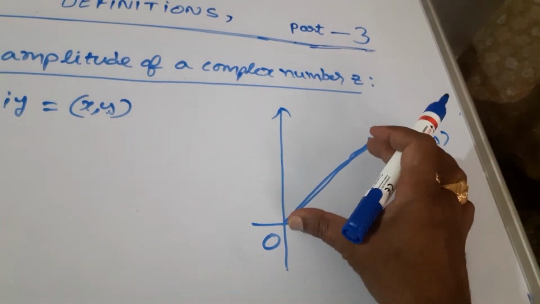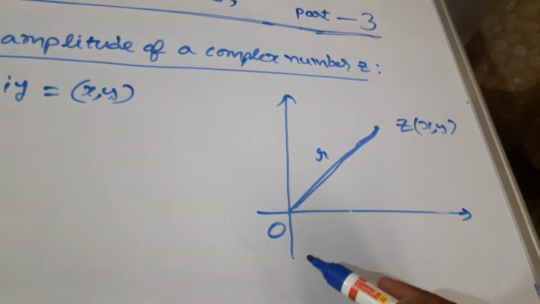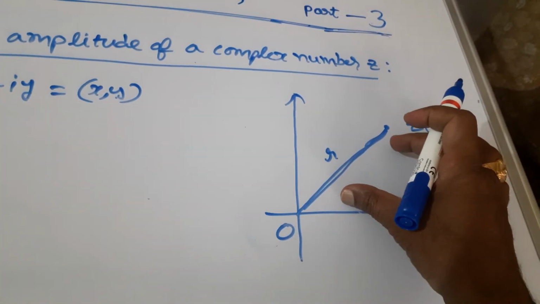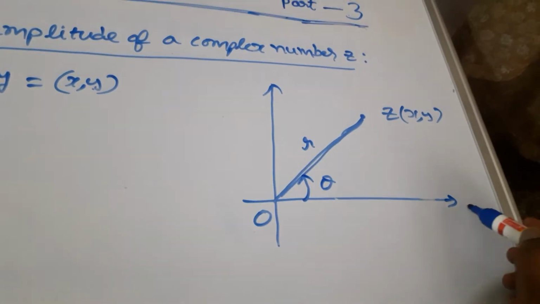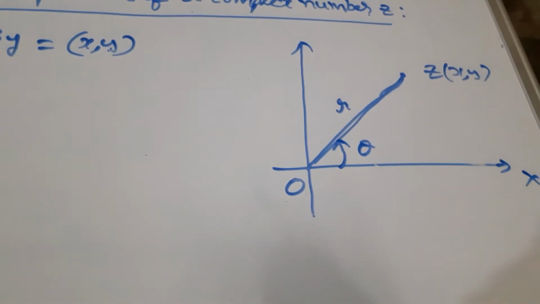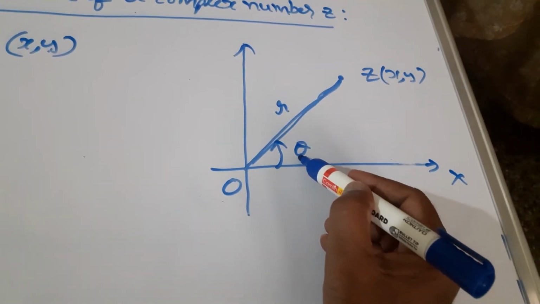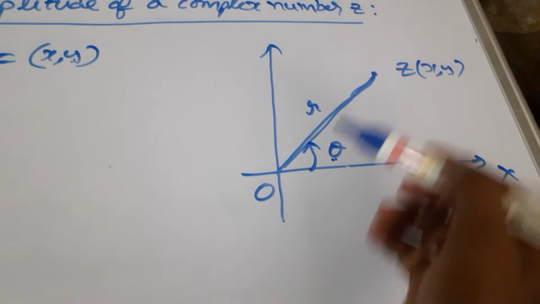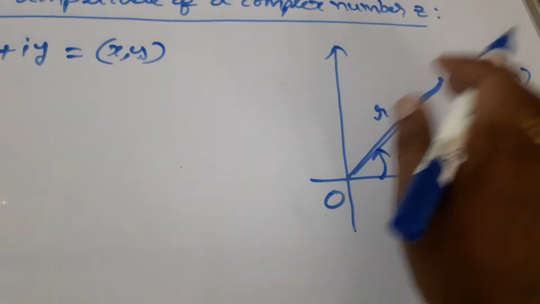This distance OZ is called modulus of z, that is denoted by r. This OZ is making an angle theta with positive direction of x-axis. Then this theta is called argument of z or amplitude of z. So here angle XOZ is equal to theta.